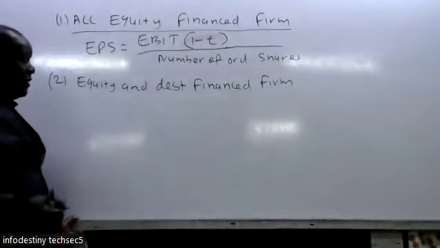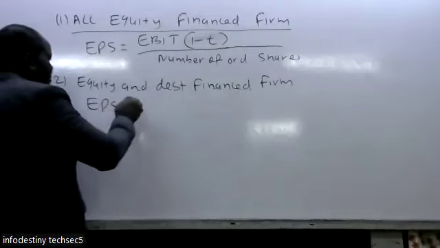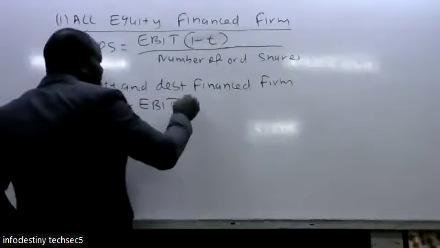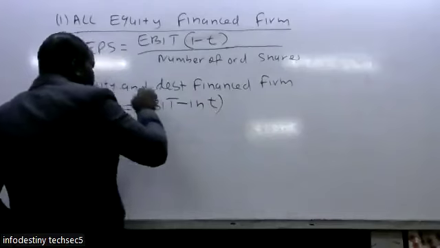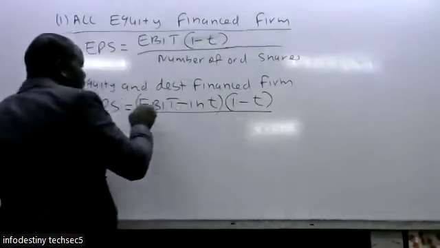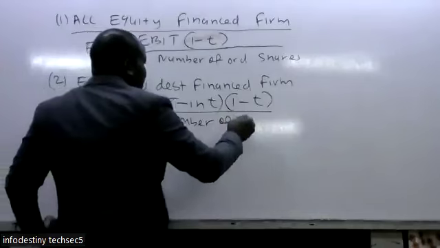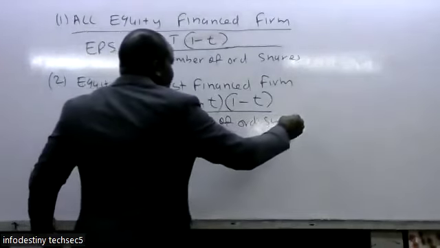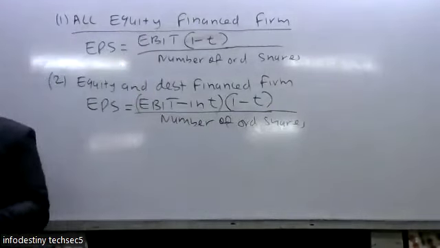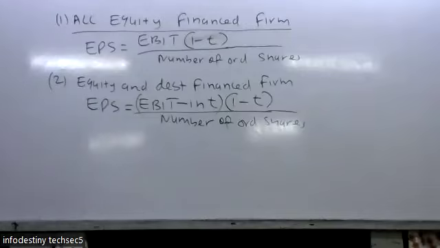So if it is equity and debt financed, earning per share will be given by earnings before interest and tax minus interest, then 1 minus the tax rate. We also divide by the number of the ordinary shares.